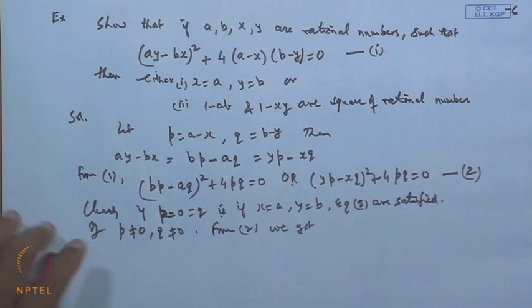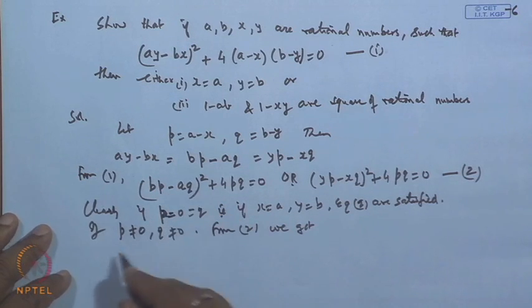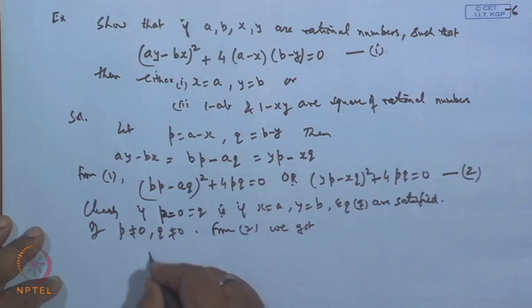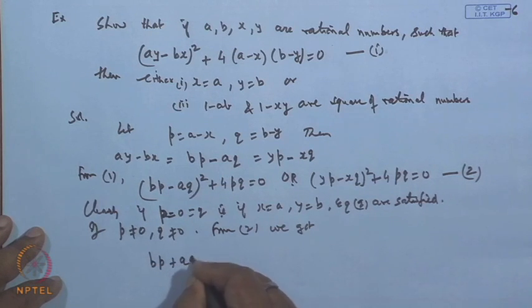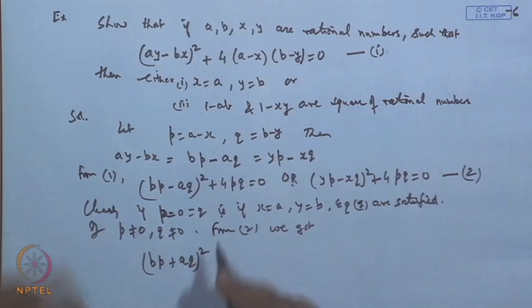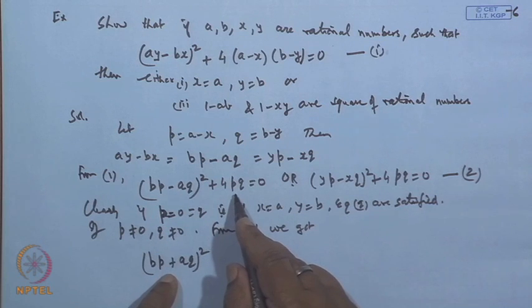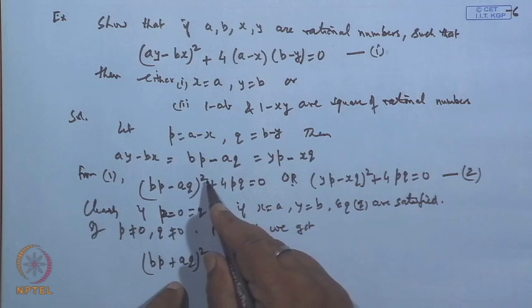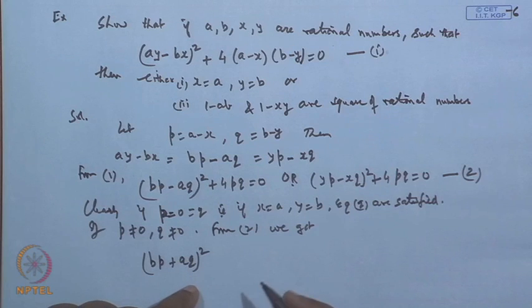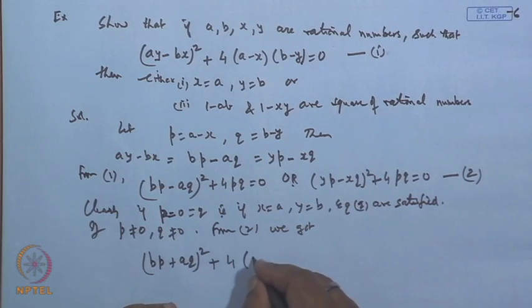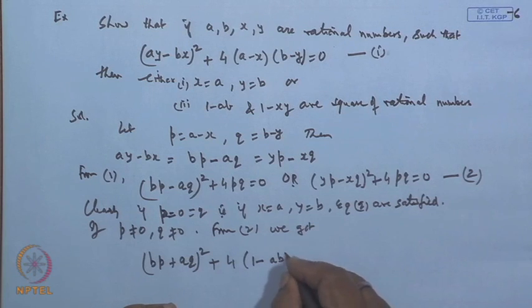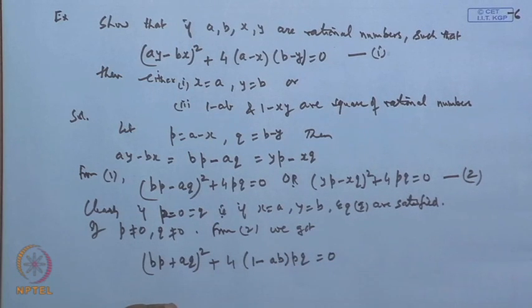Now, we can write it like this. We want to write (1 minus ab) times (bp plus aq) whole square. If I just make the plus sign, then 2 times of this will come into the picture. So, here we take the minus b and this square. So, what you get is: this plus 4(1 minus ab)pq equals 0.